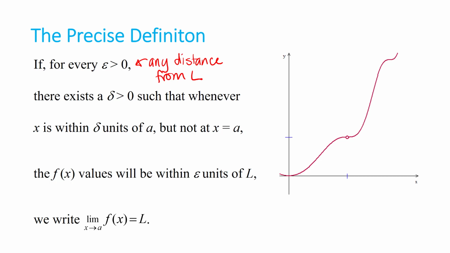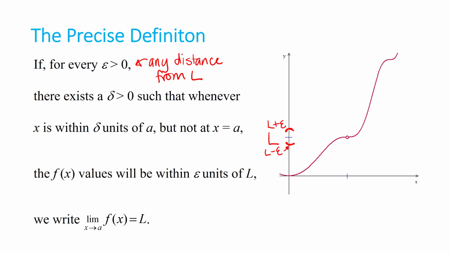So on our picture over here, on the last picture, we had these points labeled, so I'll go ahead and relabel them here. I've got L here, and then epsilon would be a distance both above and below L. So at the top here, L plus epsilon, and then the value below would be L minus epsilon right there.